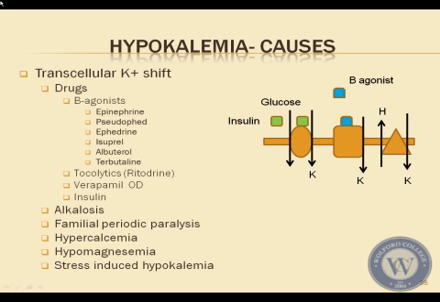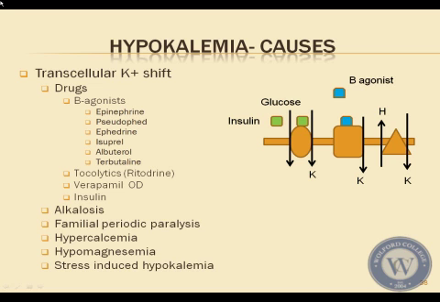Things that will increase the transfer of potassium into the cell are beta agonists, such as epinephrine, pseudoephedrine, ephedrine, isoproterenol, albuterol, or terbutaline. Other things besides the beta agents are tocolytics, verapamil, and insulin, which are also critical agents in causing more potassium to shift into the cell and causing acute hypokalemia.